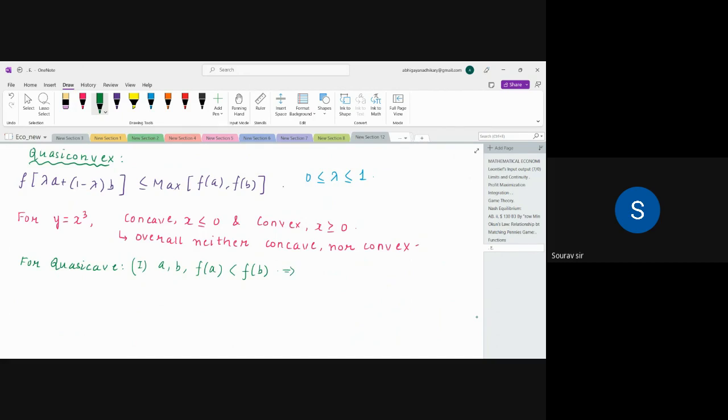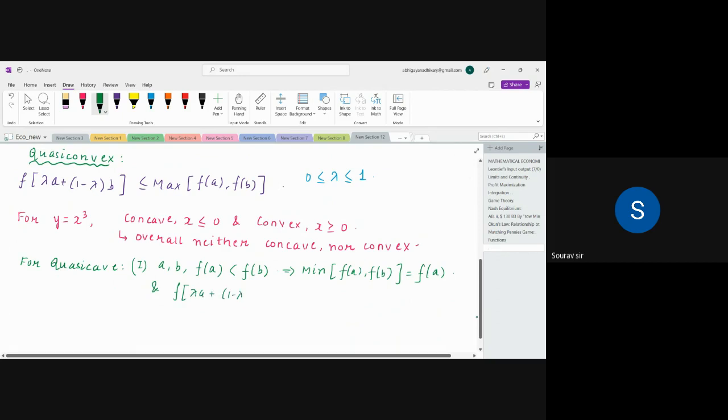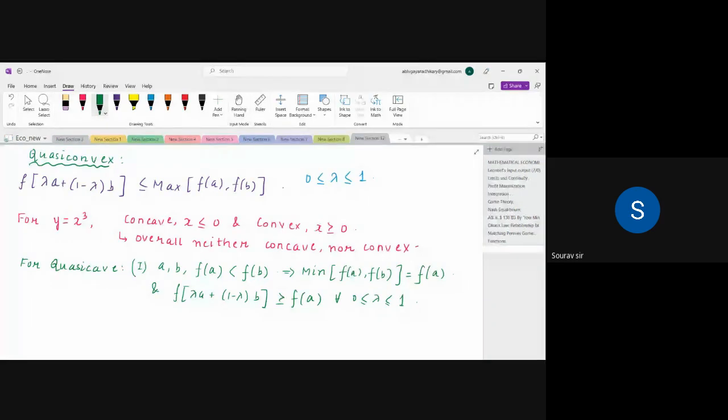That means min of f(a), f(b) is equal to f(a), and f of lambda a plus (1 minus lambda) b is always greater than or equal to f(a) for all lambda lying between 0 and 1. Correct? Is this part understood by all of you? If you all can reply with a yes or a no. From the graph, we can directly understand that.